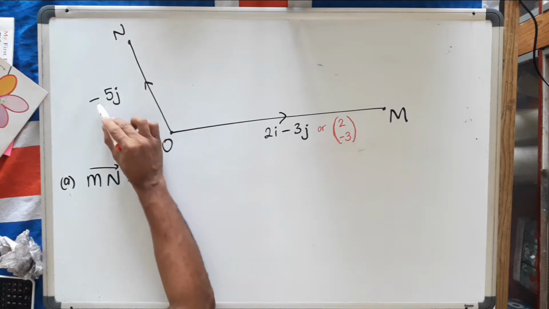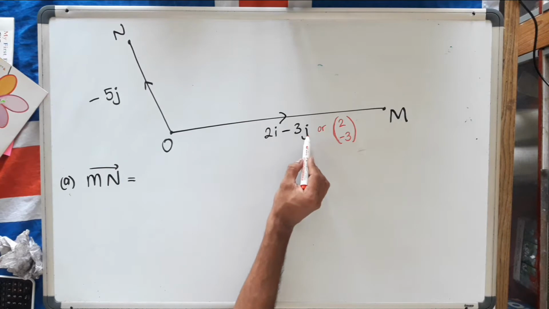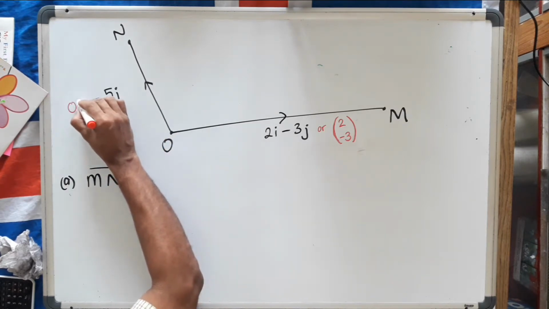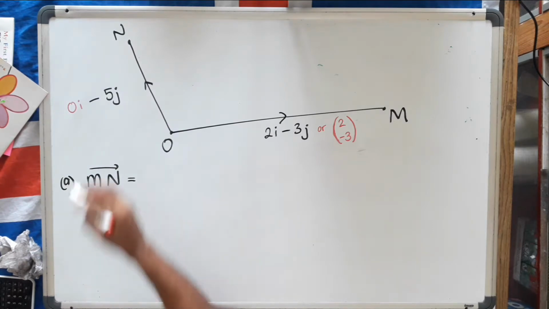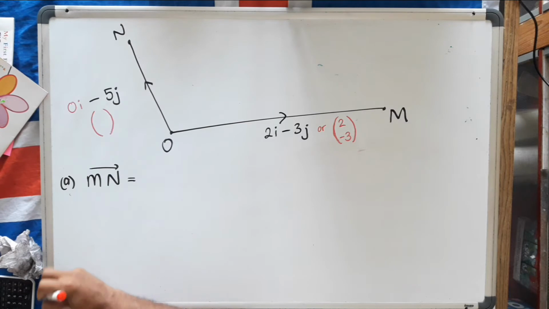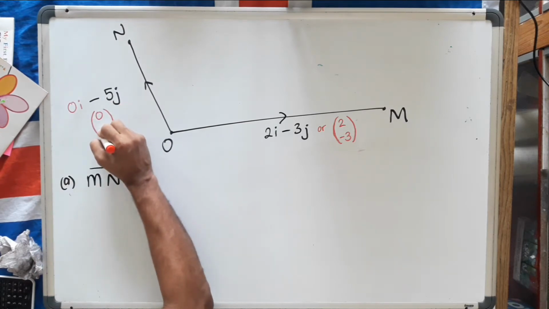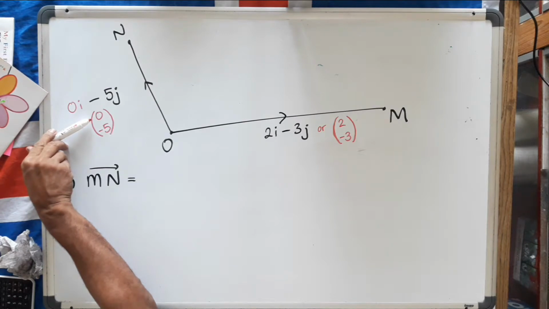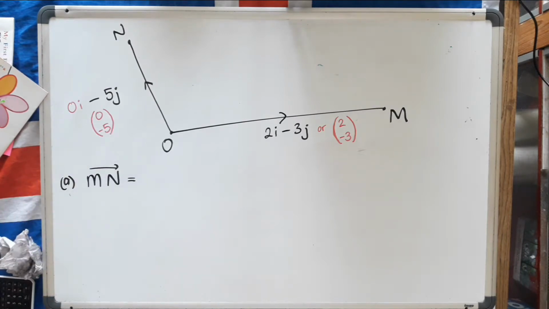This one has an I and a J, while this one only has a J. That means the I value is automatically 0. So in column form, it will be 0 and minus 5. The top is 0, that's the I value, and the J value is minus 5.